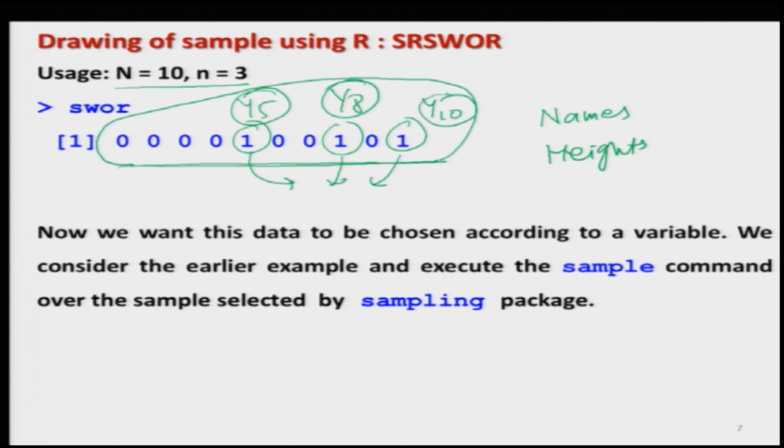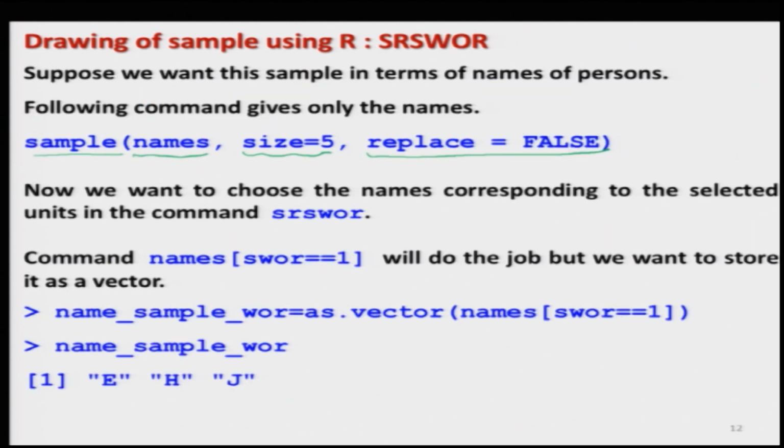I would like to find out in the names vector what are my 5th, 8th and 10th names. Similarly, when I use the variable heights, I would like to know what are the values corresponding to the 5th, 8th and 10th value in the variable heights. So, that is what I want to do.